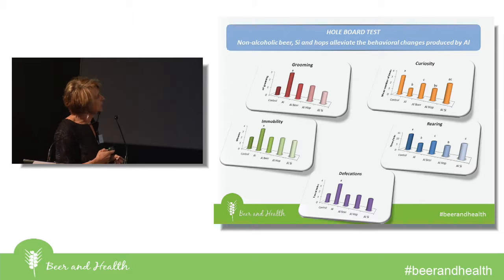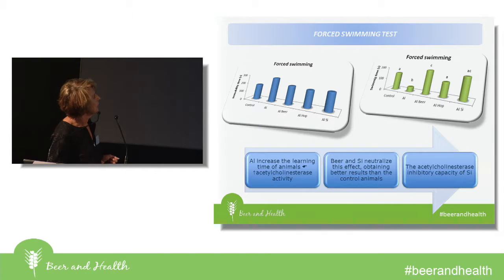The results are reflected in this slide. As you can see, aluminum affected all these different parameters: mobility, defecation. There was less curiosity and rearing. All these effects were reverted both by beer and its components. Even in the group with silicone, the effects on memory were better than in the control group.